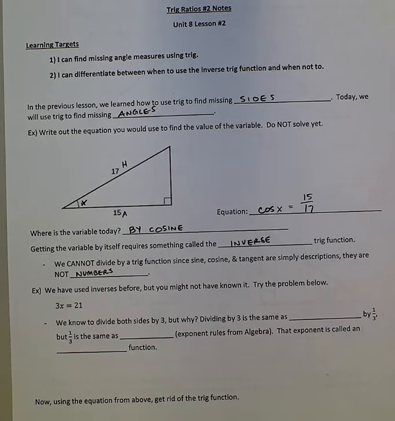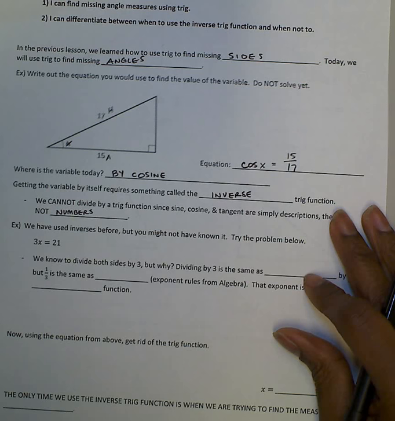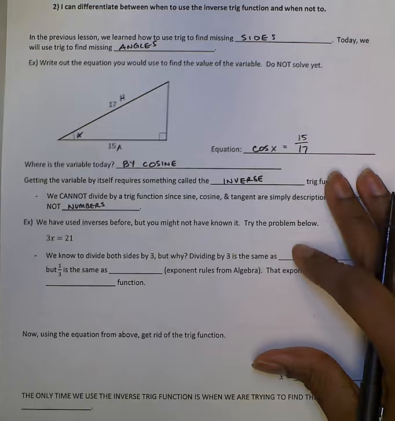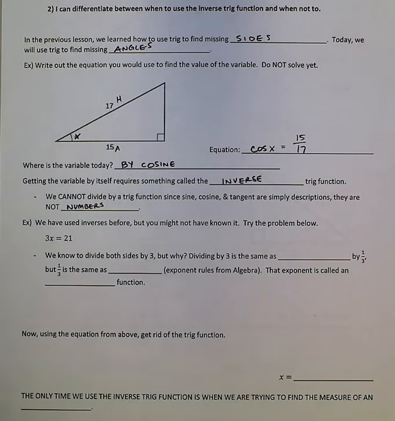Okay. Now, let's take this back to algebra and help us to connect what's happening here. We've used inverses before. Hopefully you've known it. It's called inverse operations. But we know that to solve this problem, you would divide both sides by 3.